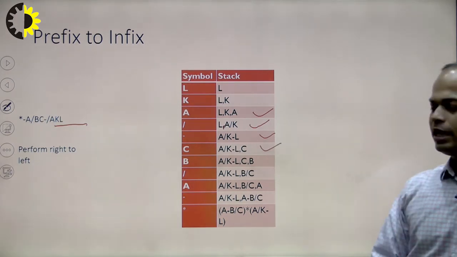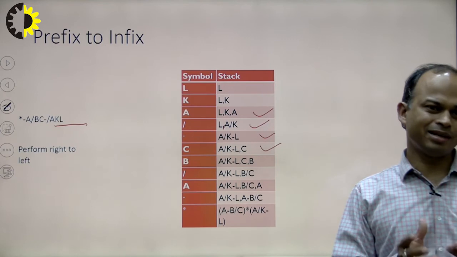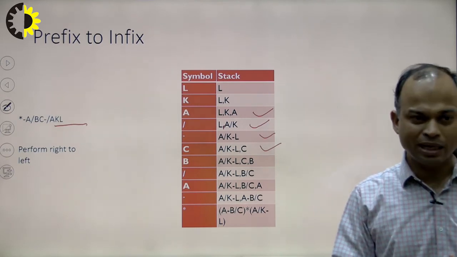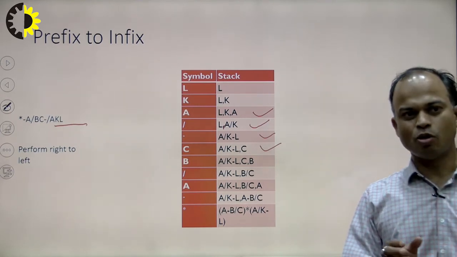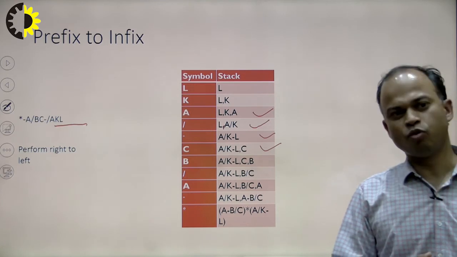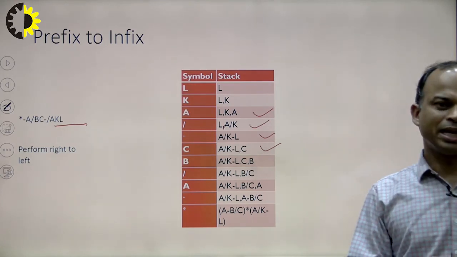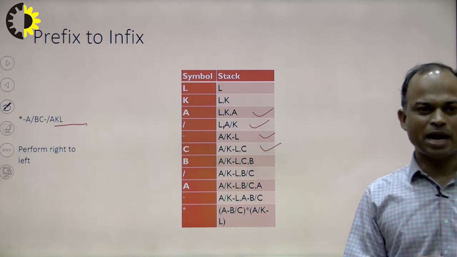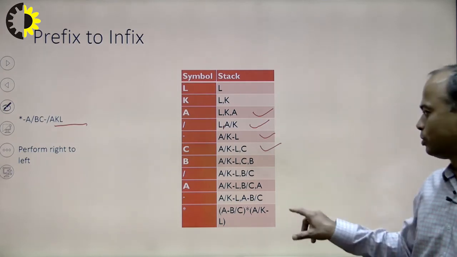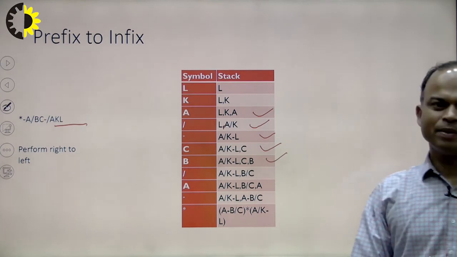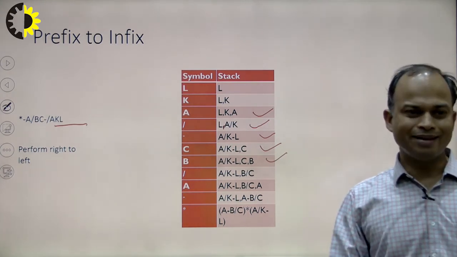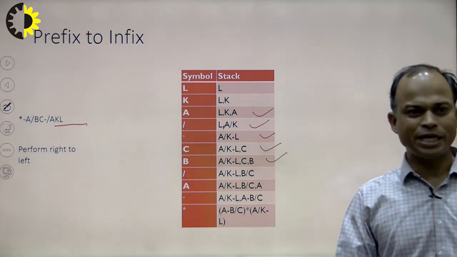After C, the next character is B, and B is also our operand. So this B is pushed onto the stack, and we have A divided by K minus L, C, B on the stack. After B, we have the divide symbol, and this divide is an operator.